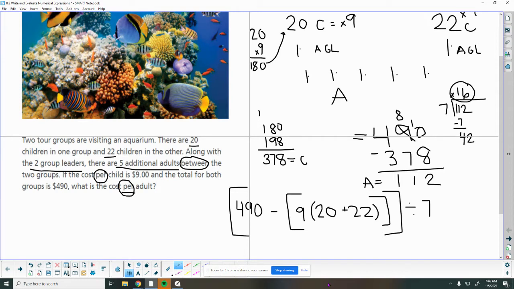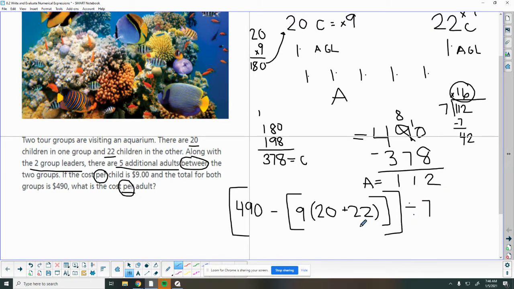So when you're working with parentheses and brackets, you always start at the innermost parentheses. So here's the inside ones that tell us 20 plus 22. And we times that by 9 to get 378. Now we come to our next parentheses, which is 490 minus 378, which is 112. And we're taking all of this and dividing it by 7.